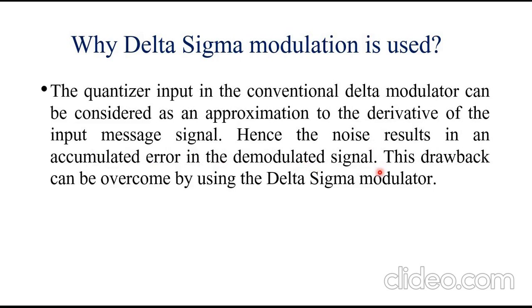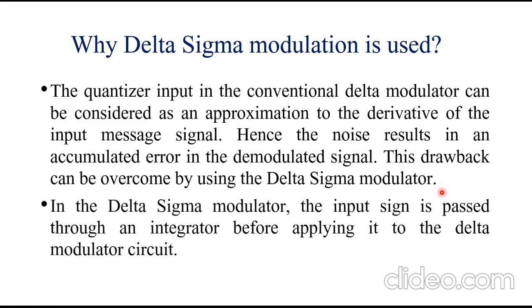This is the drawback of the conventional delta modulator. This drawback can be overcome by using the delta sigma modulator. In the delta sigma modulator, the input signal is passed through an integrator before applying it to the delta modulator circuit.